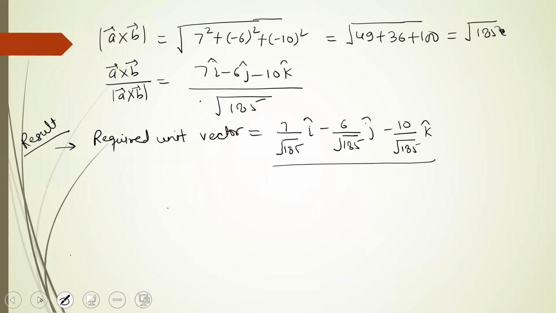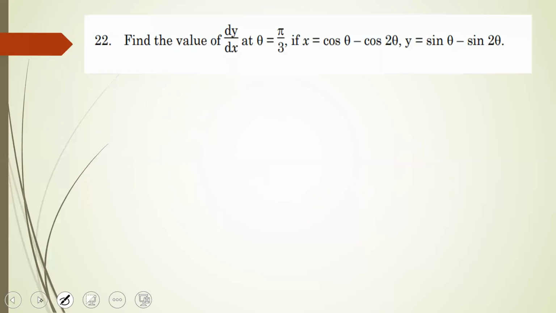Now let's quickly do the next question. It says, find the value of dy by dx at theta equals pi by 3 if x is equal to cos theta minus cos 2 theta and y is equal to sin theta minus sin 2 theta. Before discussing this question, let's quickly revise the derivative of these provided functions.